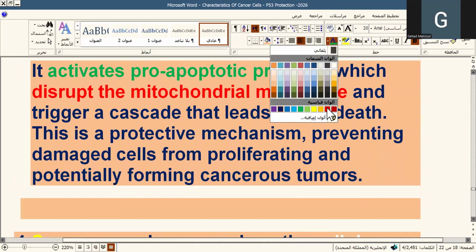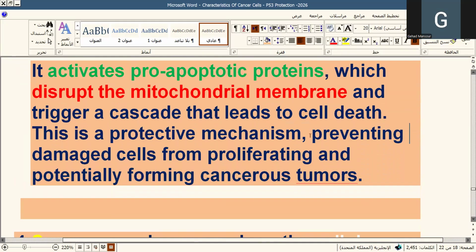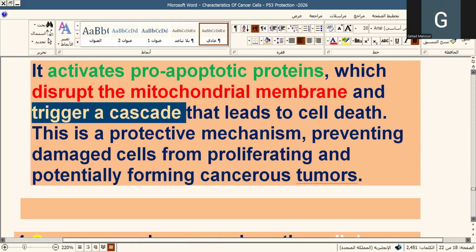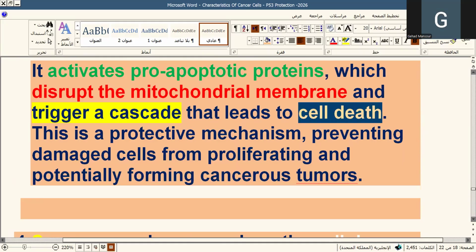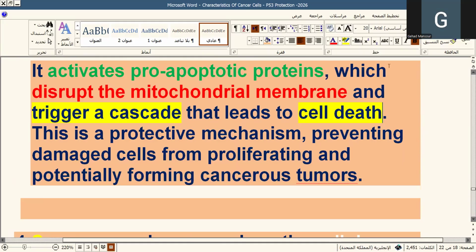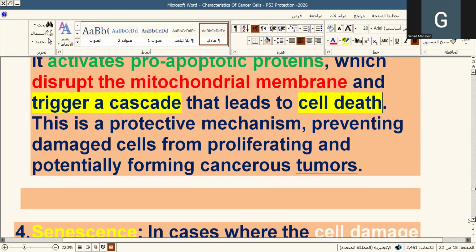That's to say, they cause rupture of the mitochondrial membrane and release of certain proteins that will trigger a cascade of reactions. And this cascade of chemical reactions will finally lead to cell death in a very organized way, in a very neat way, in which the products of lysis or hydrolysis of the cell will be engulfed by the macrophage in order to avoid any inflammation.